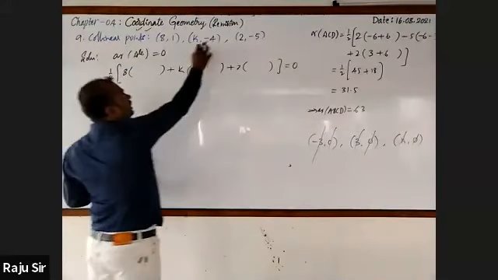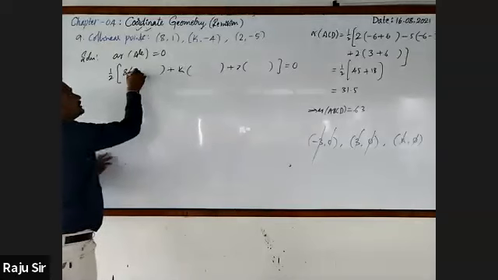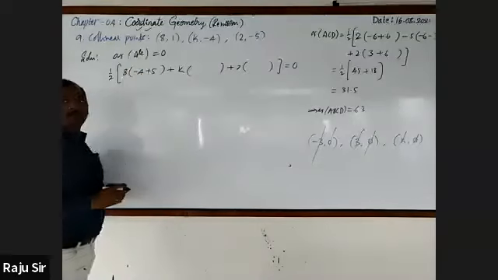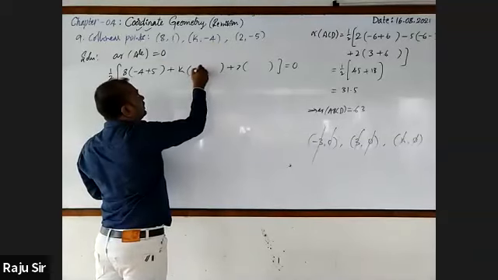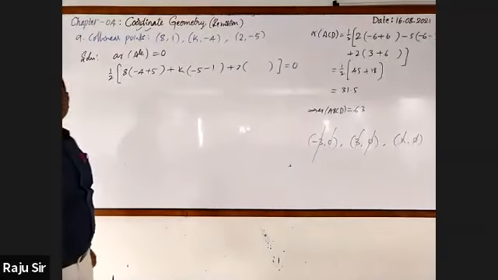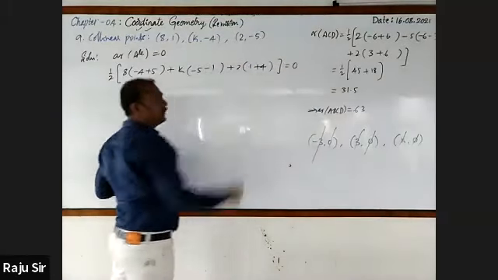Next, here y2 minus y3 is -4 plus 4, y3 minus y1 is -5 minus 1, y1 minus y2 is 1 plus 4.